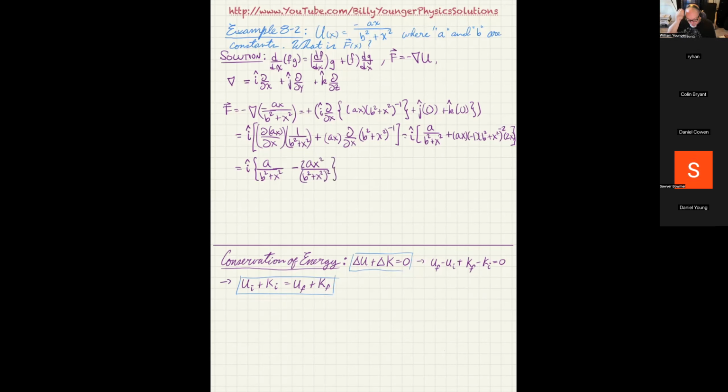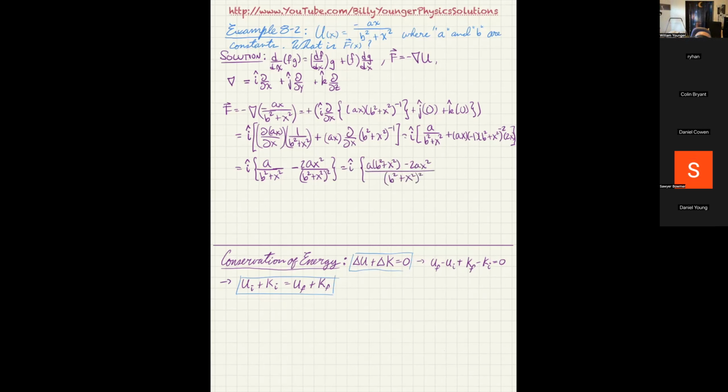So now we can get a common denominator by multiplying the left fraction by b squared plus x squared over b squared plus x squared. That's going to become a times b squared plus x squared minus 2ax squared. That's the whole numerator now. And now the whole denominator is b squared plus x squared to the 2 power.